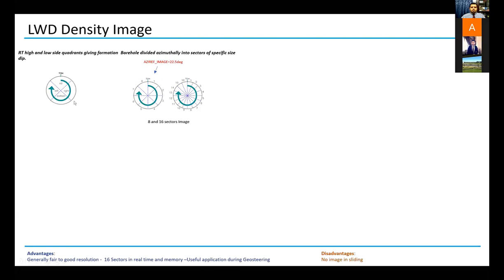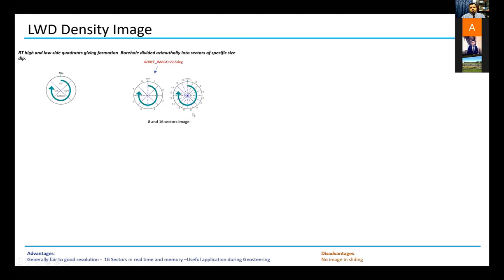What I have learned is that between the 4-bit, 8-bit, and 16-bit image or 16 sector, there is a resolution difference. For example, Weatherford has azimuthal gamma ray, which is 4 sector, 4-bit, and we also have the Schlumberger one, which is EcoScope, or also the Weatherford one, the 16 sector AZD, azimuthal density tool.